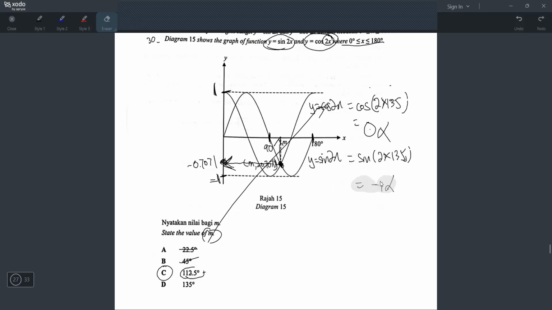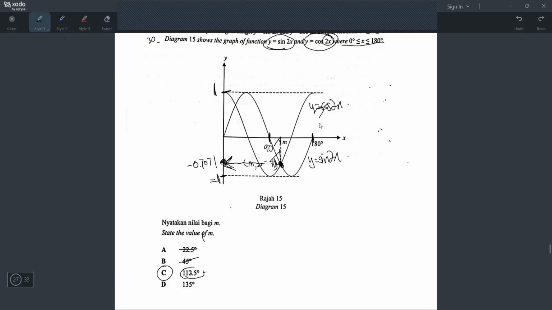Okay, I want to explain using another method. Okay, let me erase all this. There's another method to solve this question, which is by using simultaneous equations. Why I say simultaneous? Because if you look carefully, this point is actually the intersection point of the cos graph and the sine 2x graph, right? So in order to find the intersection point, you will do simultaneous, right?